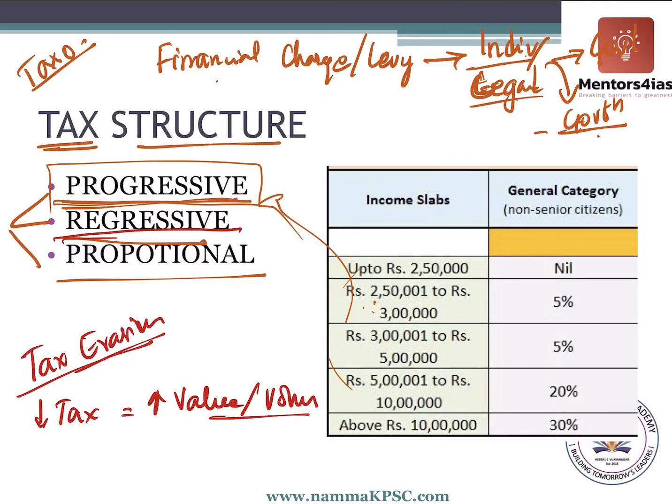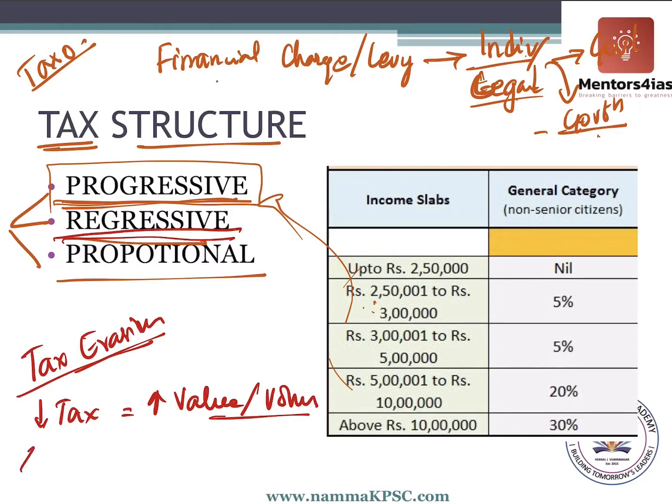It is not a very common type of tax because it increases income inequality. Rich will be taxed less and poor will be taxed more. So it is not commonly used by any democratic country, because it goes against the principle of welfare.